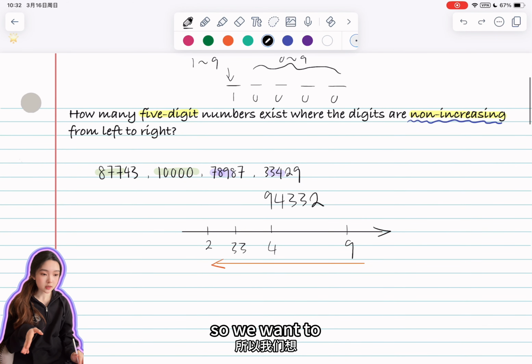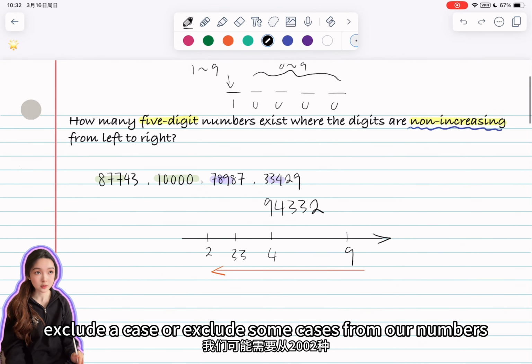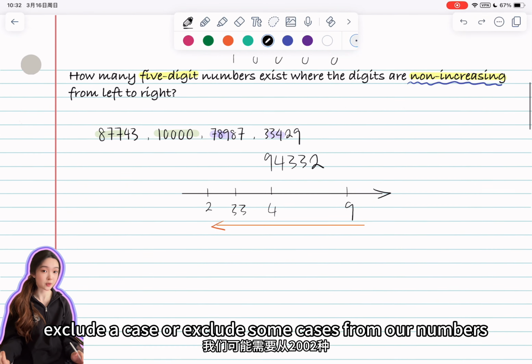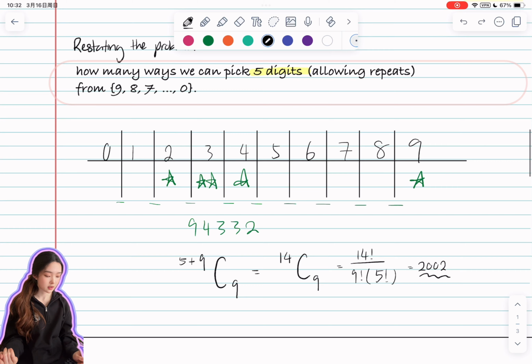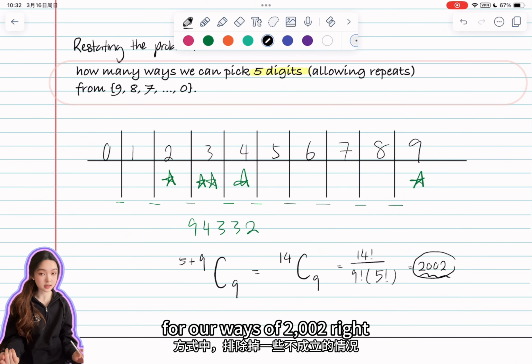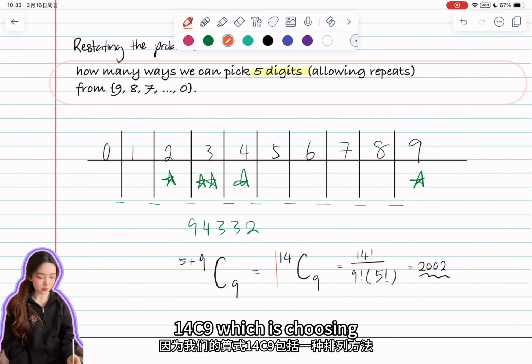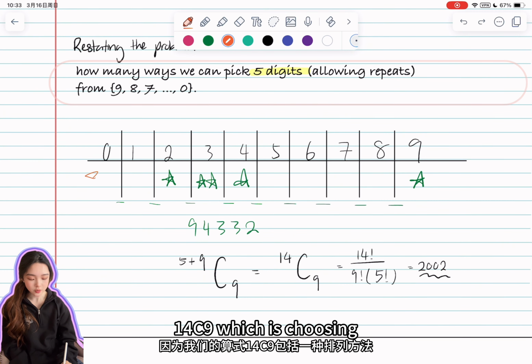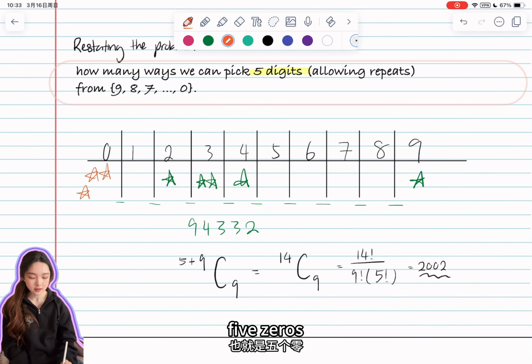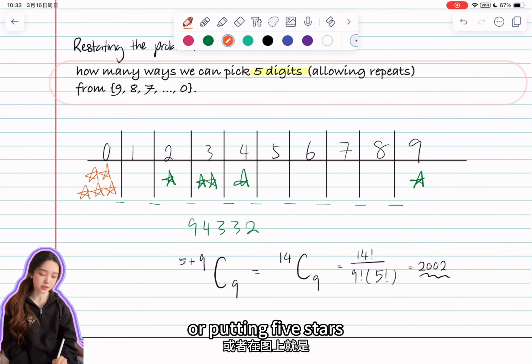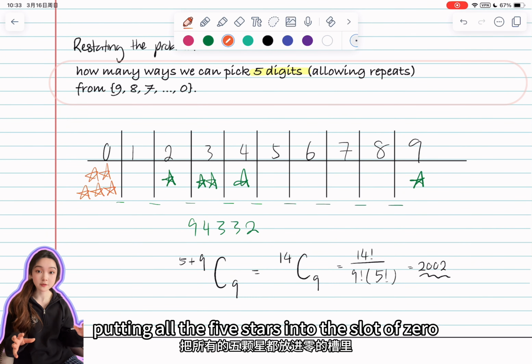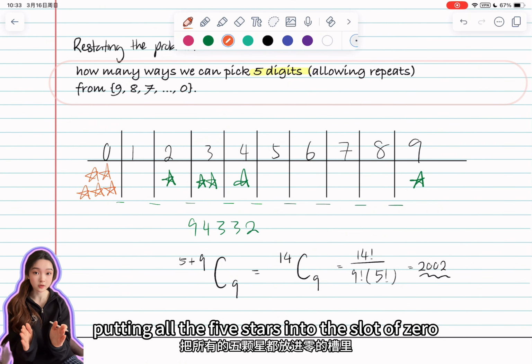So we want to exclude some cases from our 2002 ways, right? Because there's one way that we include in our formula, 14 choose 9, which is putting all 5 stars into the slot of 0.